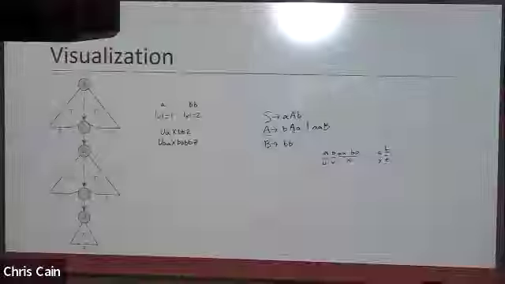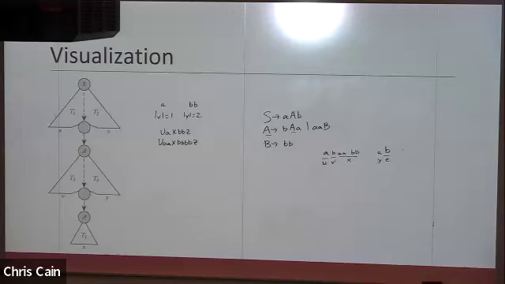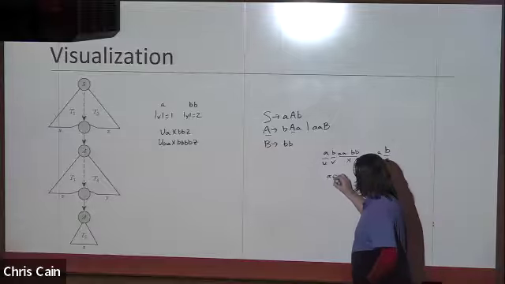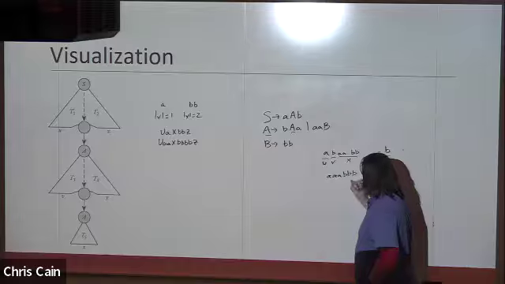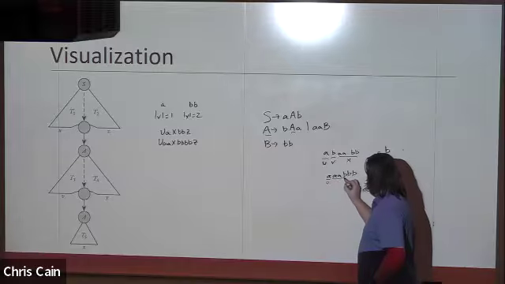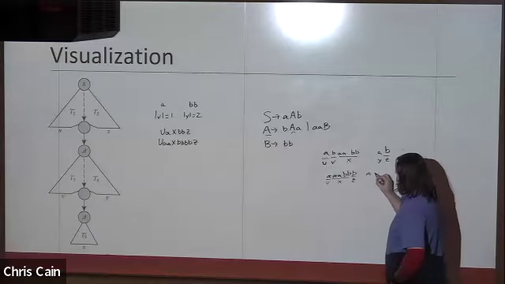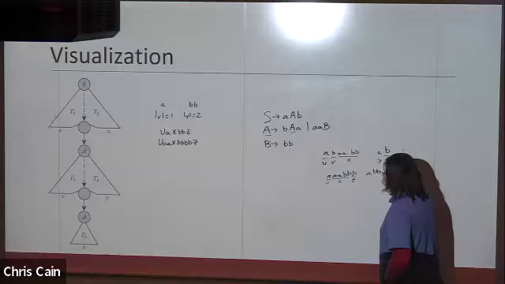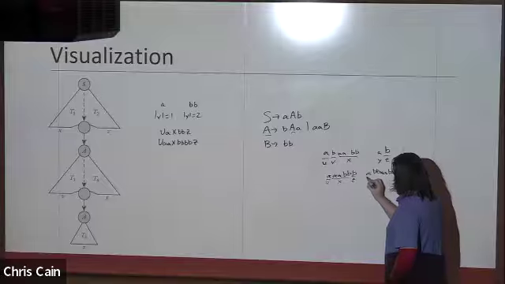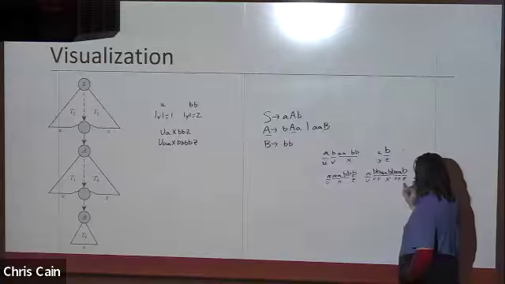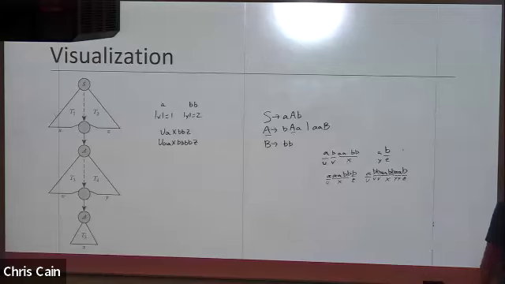So just like this string is in the language, we could take out V and Y. We could end up with A, B, B, B. That string is in the language where we have U, X, and Z. We could repeat V and Y. We could have A, B, B, A, B, B, A, B. And we have U, V, V, X, Y, Y, Z. And that string is in the language.